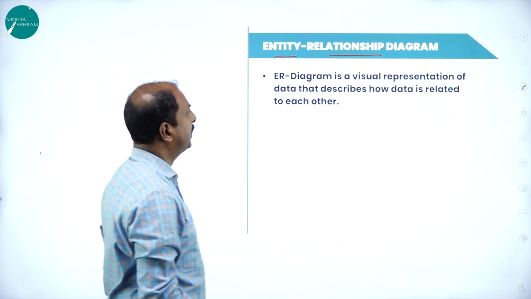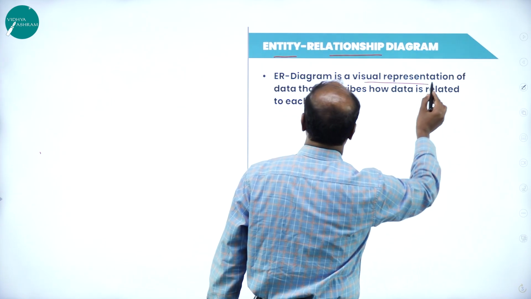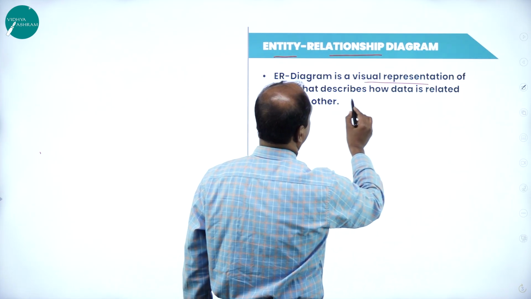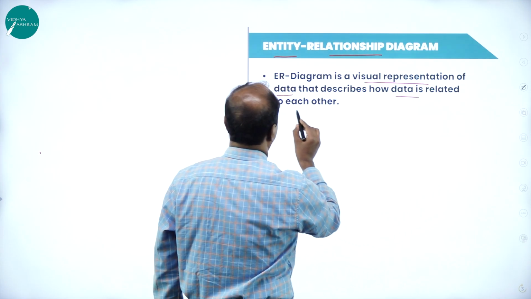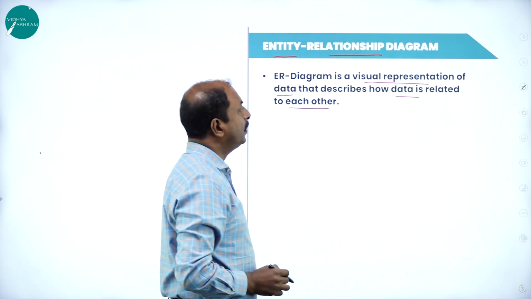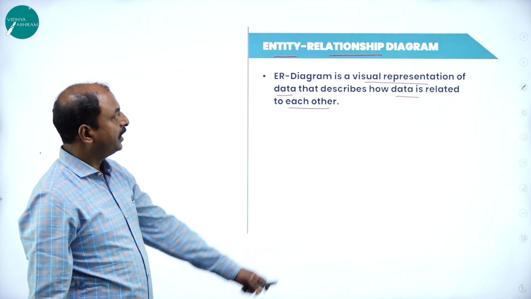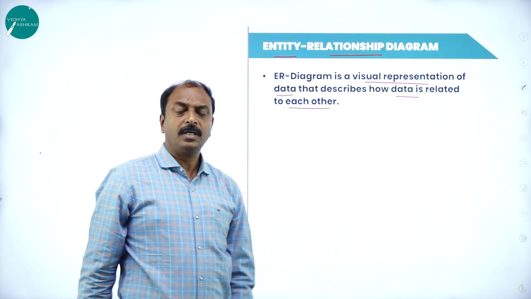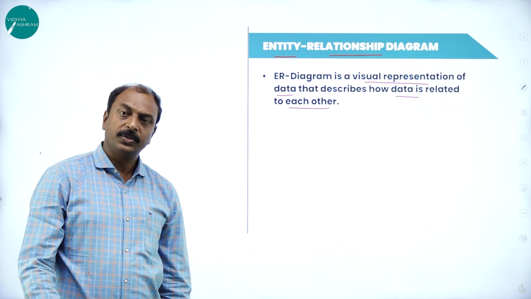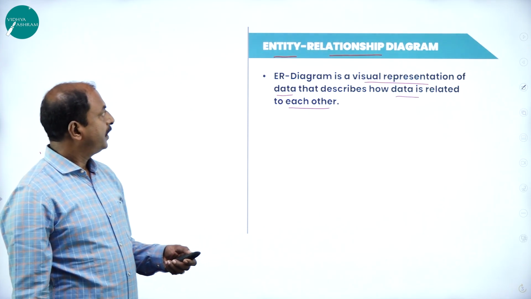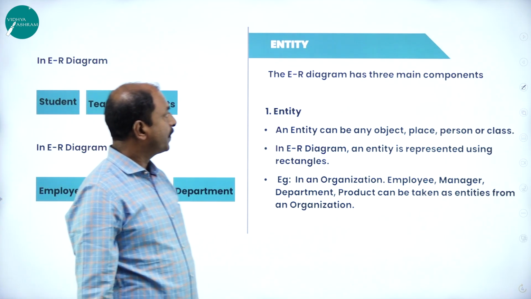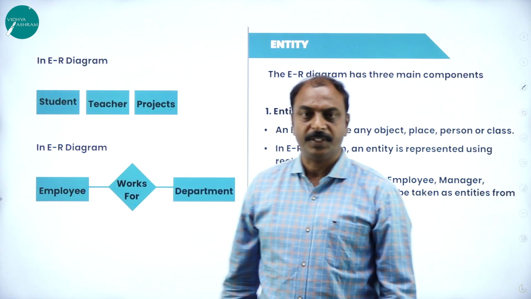It is a visual representation of data that describes how the data is related to each other. So, this is a diagram where we see or describe how data are connected or related to each other. Now let us see the diagram and a few definitions.